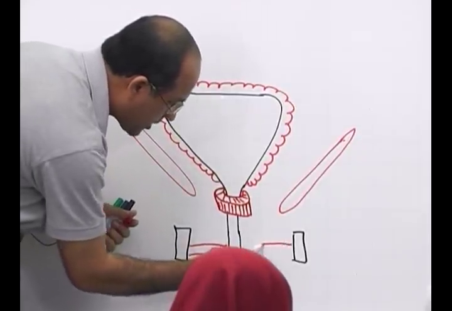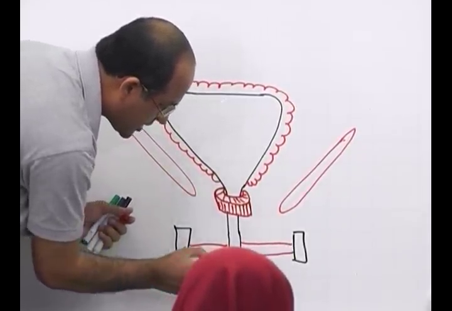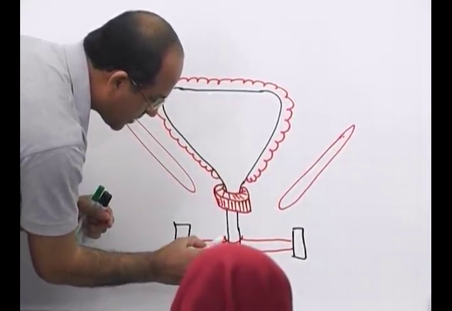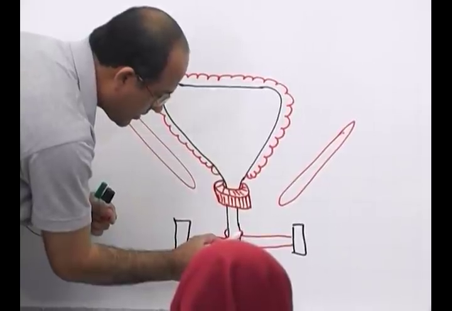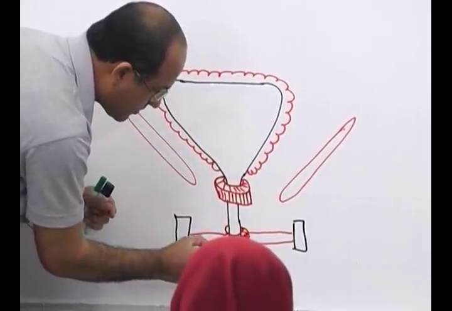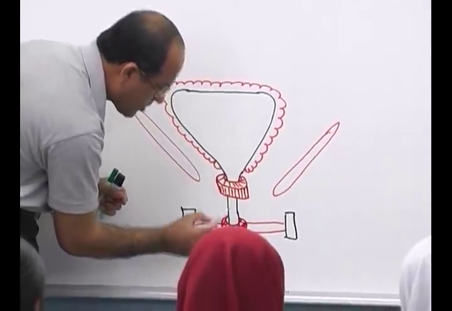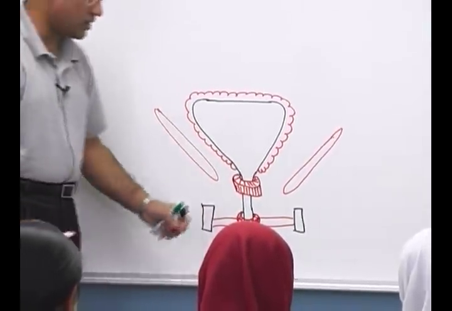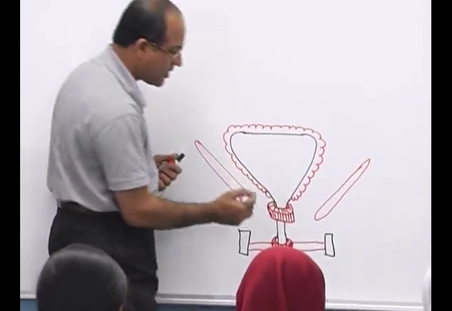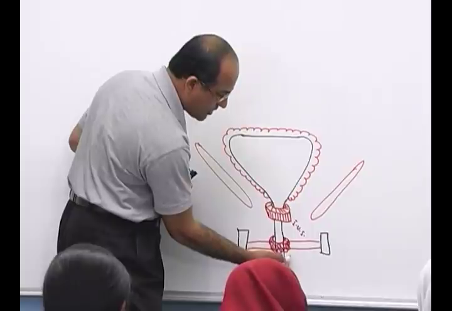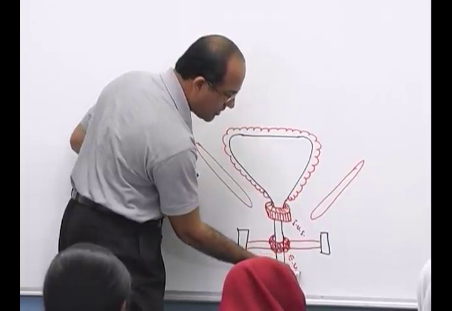this is membranous part of urethra which is passing through this area, and there is a very special type of sphincter present over here, and this sphincter, yeah, this is external urethral sphincter. So we can say this is internal urethral sphincter and this is external urethral sphincter.